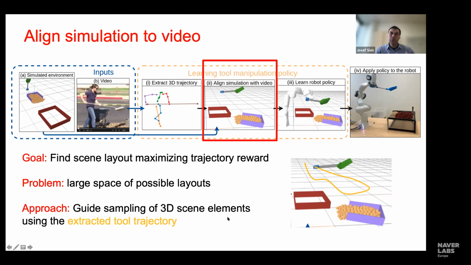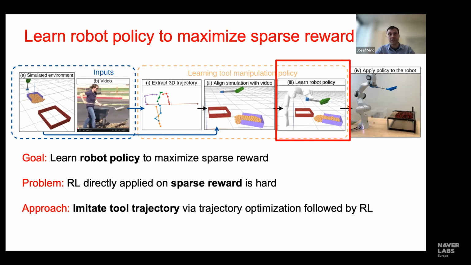The output of this is very likely not an optimal trajectory, but it's a trajectory which transfers some of the material, obtains some reward from the environment, by aligning the environment with the video, with this extracted trajectory.